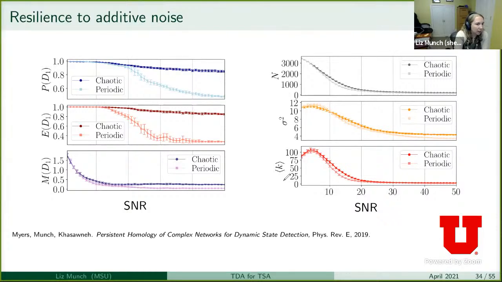What's interesting for us though is that you can start seeing a very clear split in terms of chaotic versus periodic behavior the more noise you put in the system. If you look at the standard graph model analyses, there's not really a whole lot of differentiation between the chaotic and the periodic kinds of output values that you're getting.